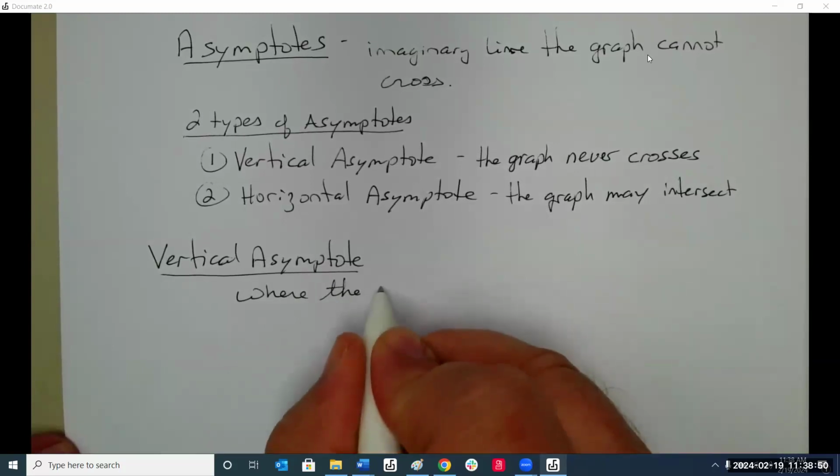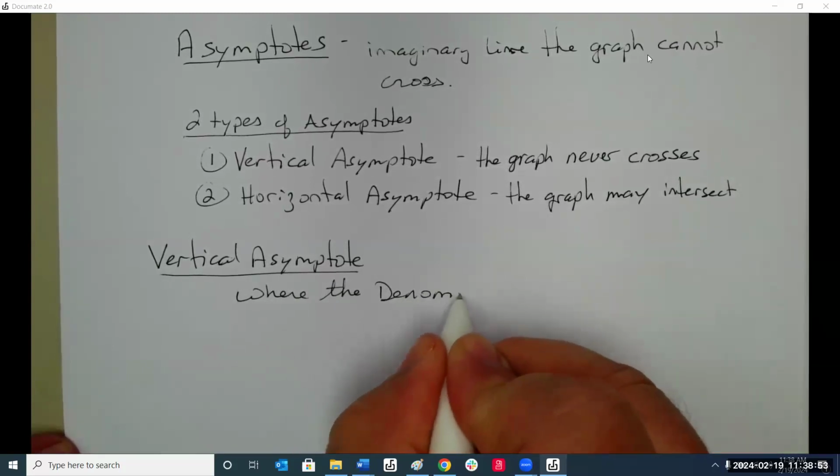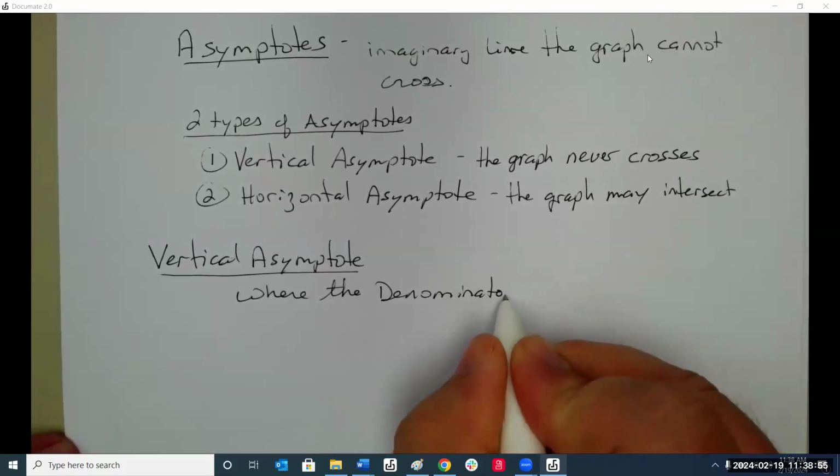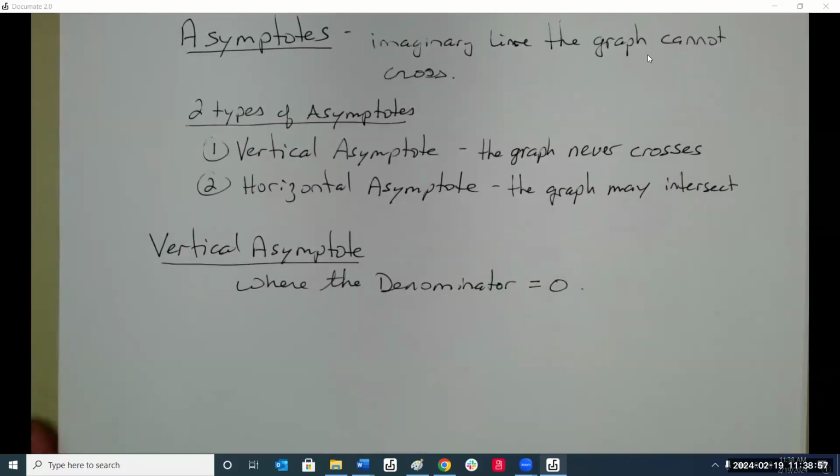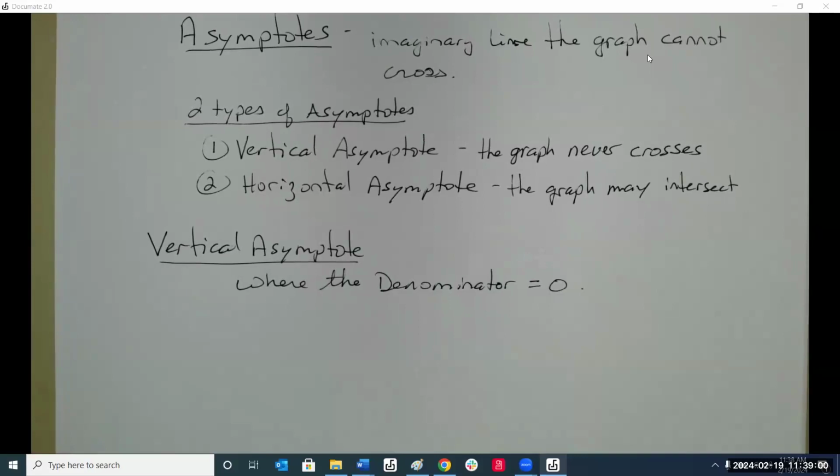Where the denominator equals 0. Remember, you cannot have a 0 on the bottom.